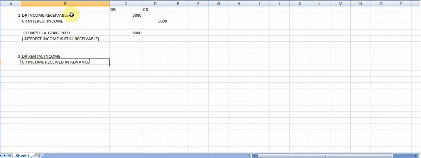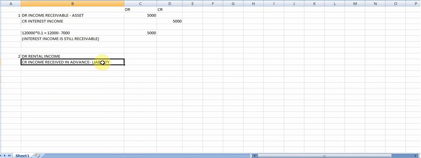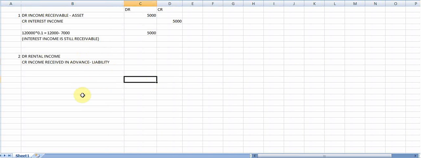Please remember, interest receivable is an asset. Income received in advance is a liability. Why? Because rental income that I've received in advance, there's a possibility that I'm going to have to repay it to someone, pay it back if they're not going to rent from me anymore. For interest receivable, it's an asset because it's a bit like a debtor.